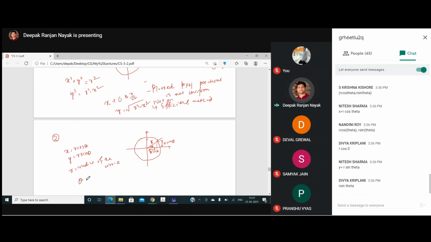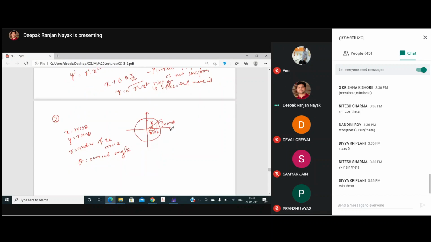Theta is the current angle, let's say. So what is the coordinate of this point? R cos theta, r sin theta.